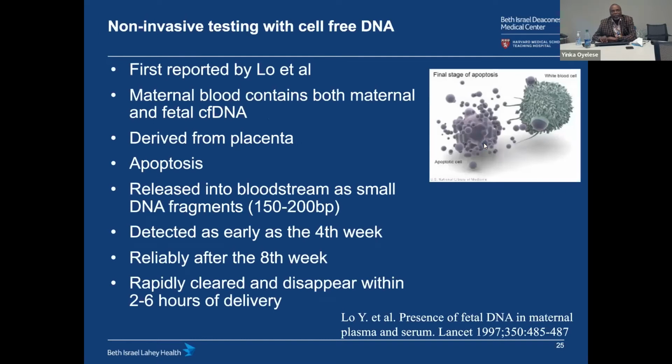And this is a little bit about the first paper that describes cell-free DNA. Cell-free DNA comes from the placenta, from breakdown of DNA from the placenta, which is released, and it can be detected as early as 4 weeks and rapidly disappears within a few hours of delivery.